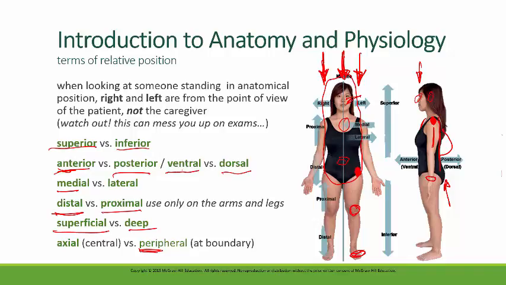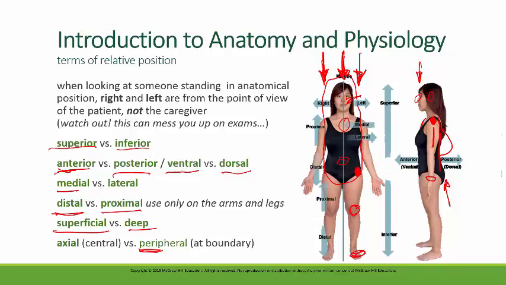If we think of the axis of the earth, it runs right through the center of the earth. If we think of an axle, it runs right through the center of a wheel. So central versus peripheral. We might talk about the spine as being axial, while the digits of the hands and the feet are peripheral.